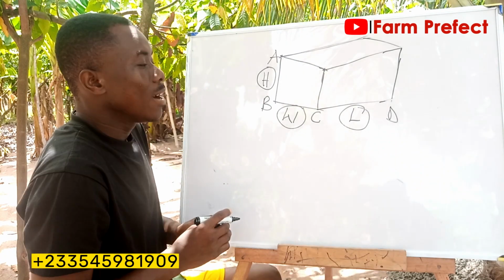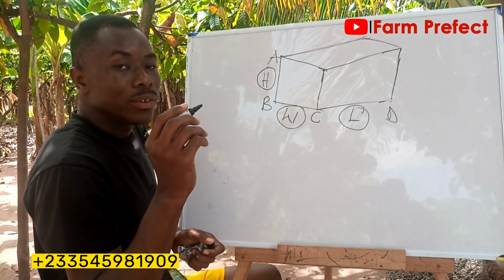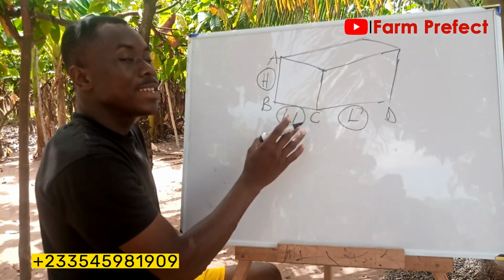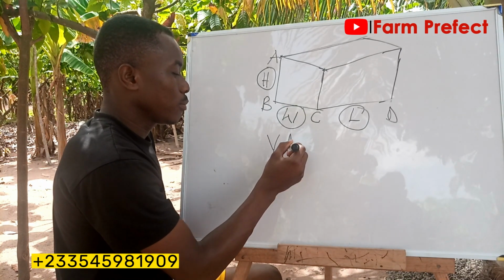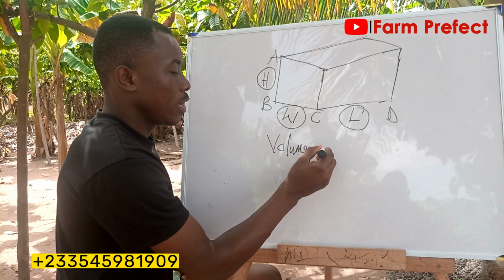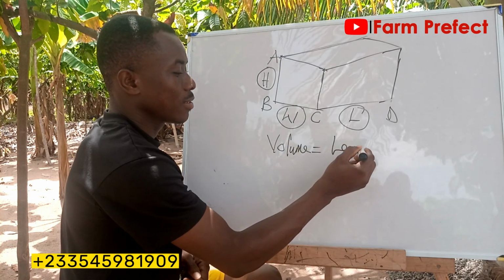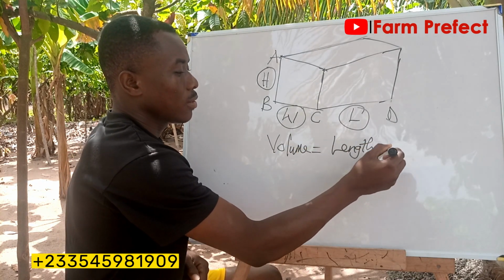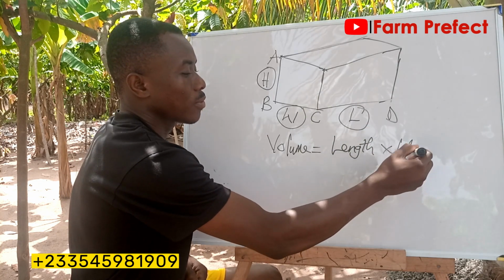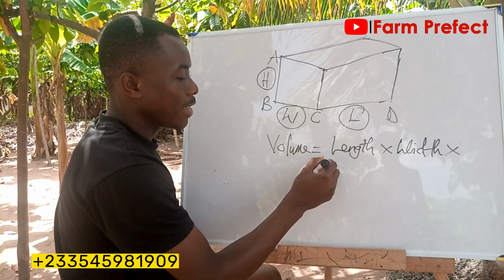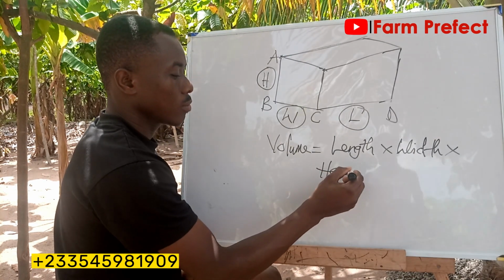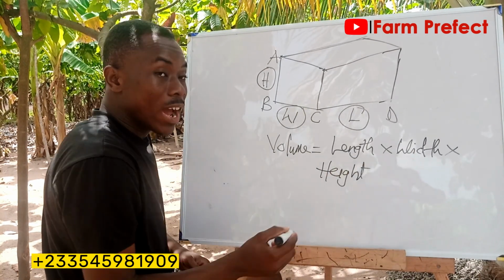Right. Now, the formula for calculating volume is volume equal to length times width times height. All right.